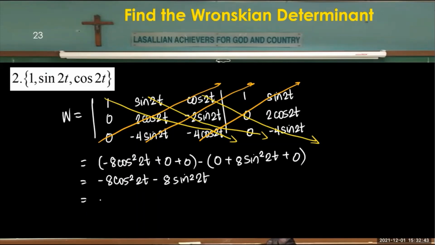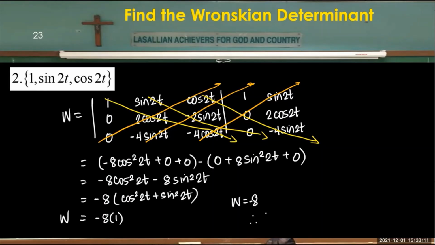If I factor out negative 8, I'm left with cosine squared 2t plus sine squared 2t. What is sine squared plus cosine squared, guys? 1. So that means the Wronskian determinant is equal to negative 8. Since it's not equal to 0, what can I say? That this is linearly independent.